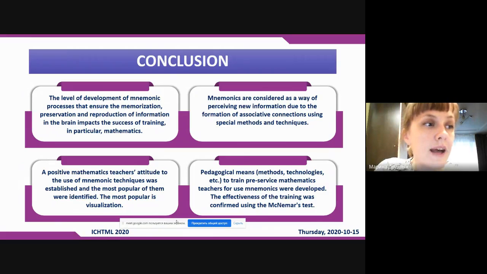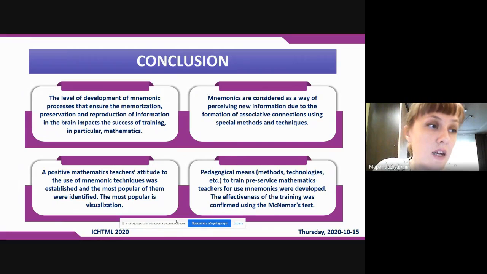A positive attitude of mathematics teachers to using mnemonic techniques was established, and the most popular of them were identified. At the same time, a low level of students' understanding of the appropriateness of using mnemonic techniques in professional activities was recorded, which requires developing pedagogical means to train pre-service mathematics teachers to use mnemonics.